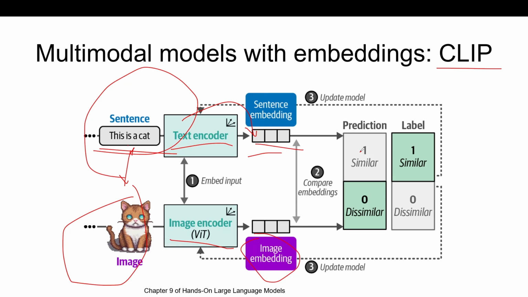Again, this is the idea of contrastive learning. First we build the positive and negative pairs, then we get the embeddings corresponding to the pairs, and then we get the output saying whether the pairs are similar or not. If they are similar, the embeddings should be close to each other. Although they come from different modalities, their embeddings should be similar.